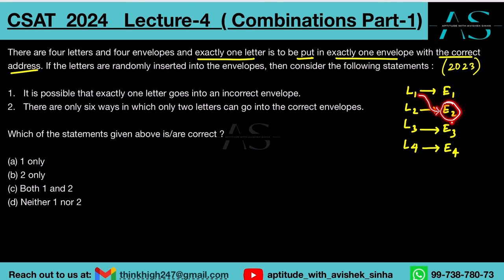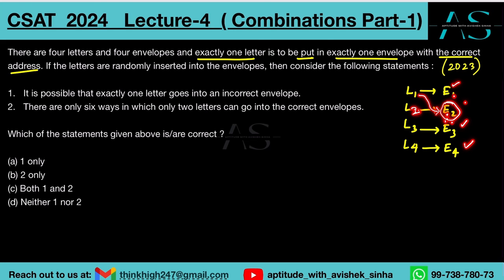Now, if this is happening, then letter 2, which was supposed to go into E2, cannot go into E2. So letter 2 will also go into either E1, E3 or E4, and thereby it will disrupt two letters.